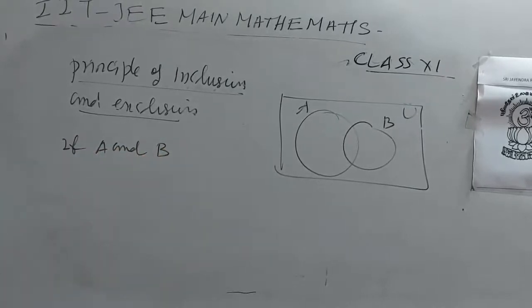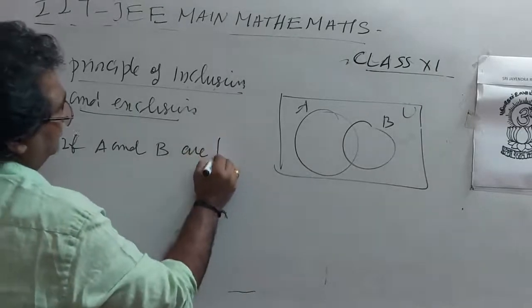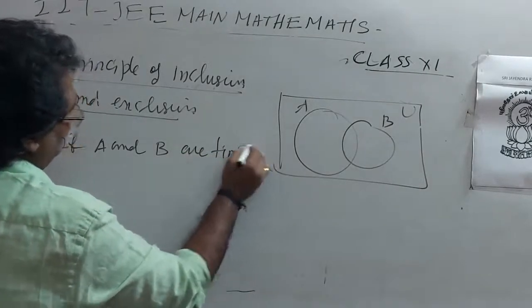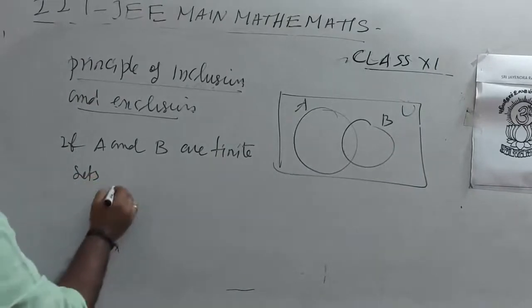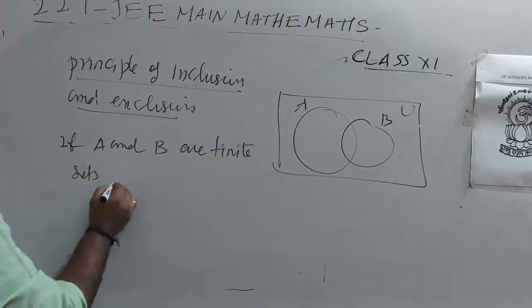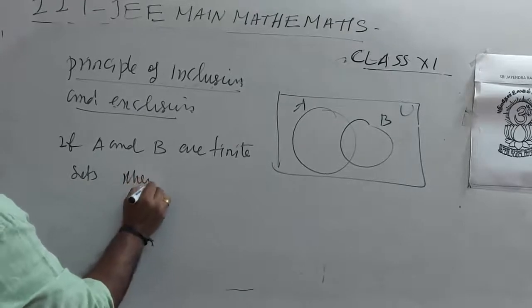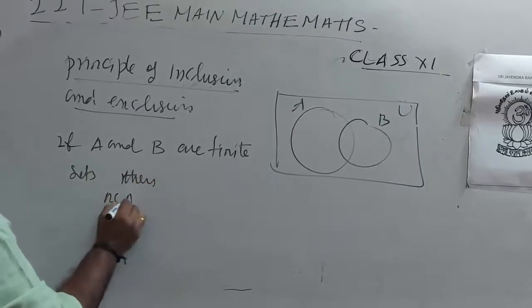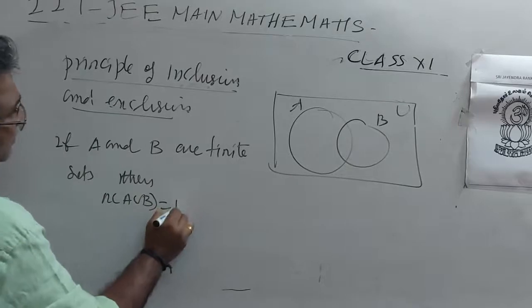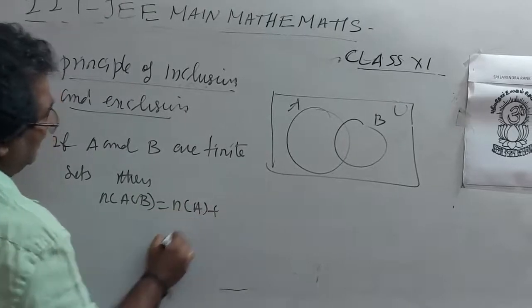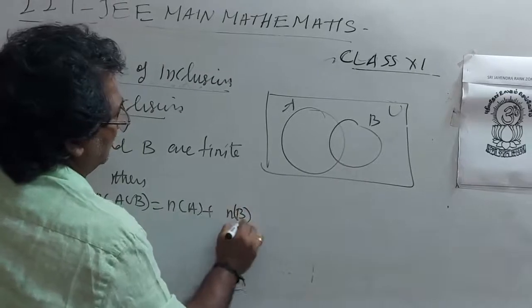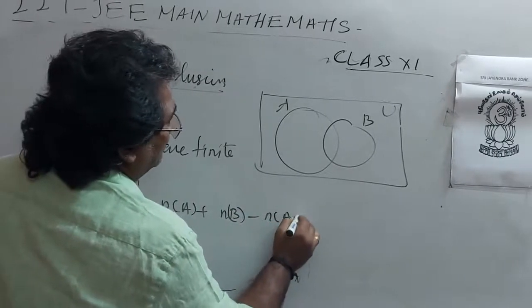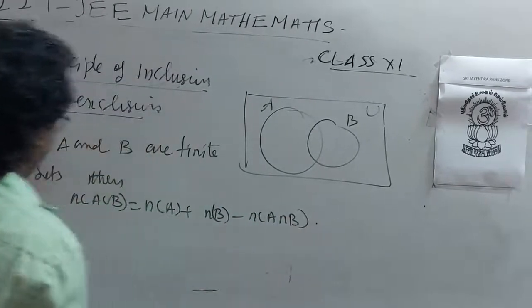If A and B are finite sets, then n of A union B equals n of A plus n of B minus n of A intersection B. It is obvious, we have seen this already.